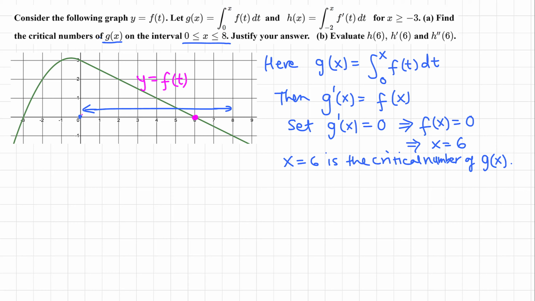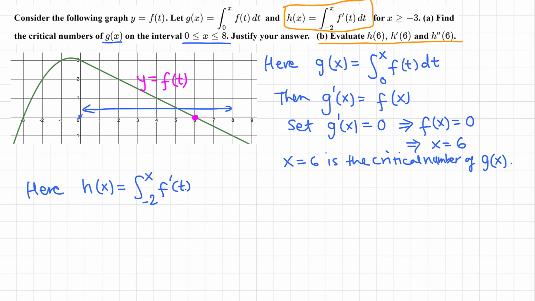Okay, that's part A. Now part B, we need to evaluate three things: h of 6, h prime, h double prime, and h is defined here. So let me copy over here. h is given by the definite integral from negative 2 to x of f prime dt. This is ready for the antiderivative. The antiderivative of f prime is just f, since derivative and antiderivative cancel.